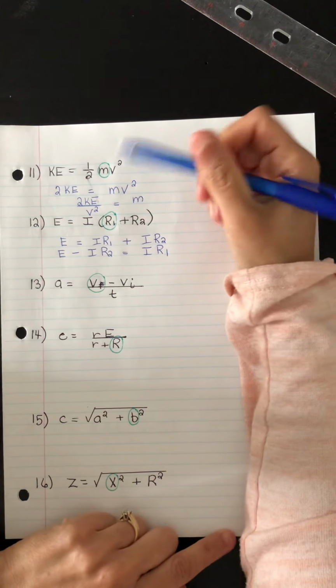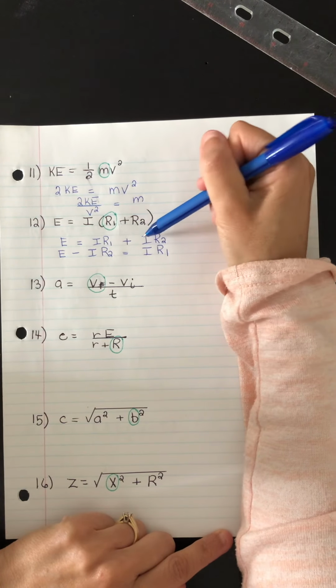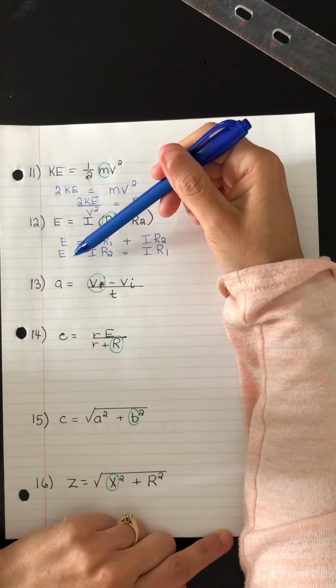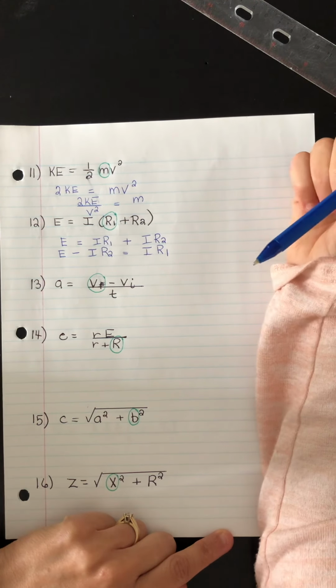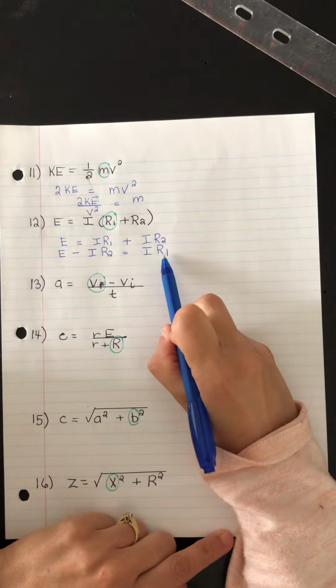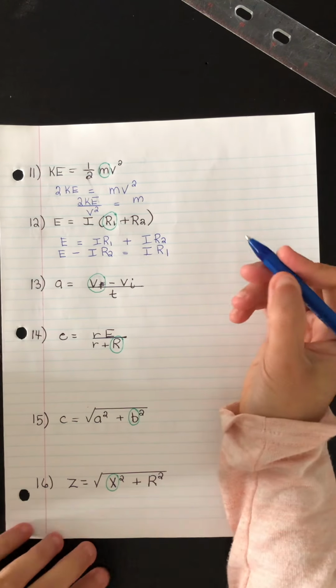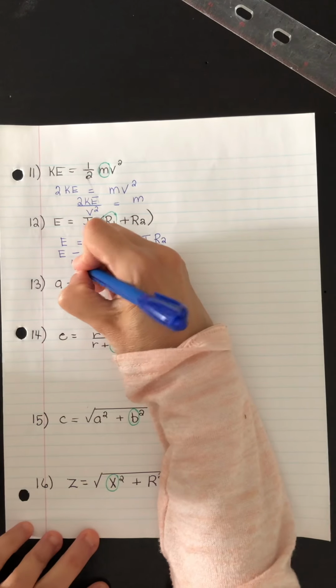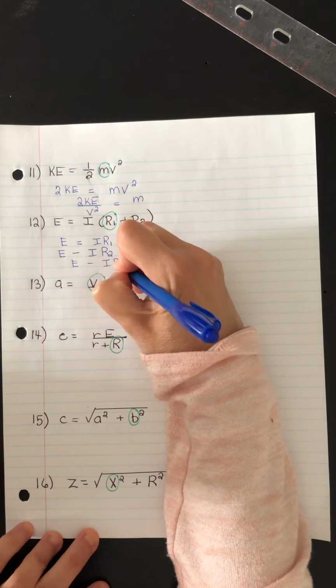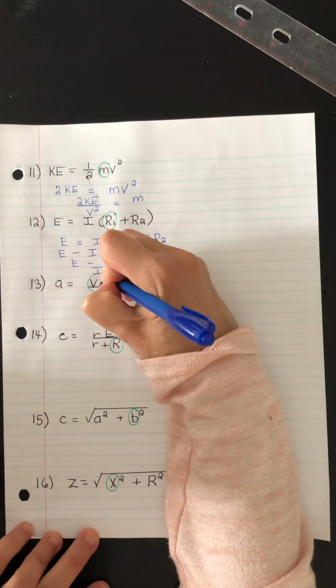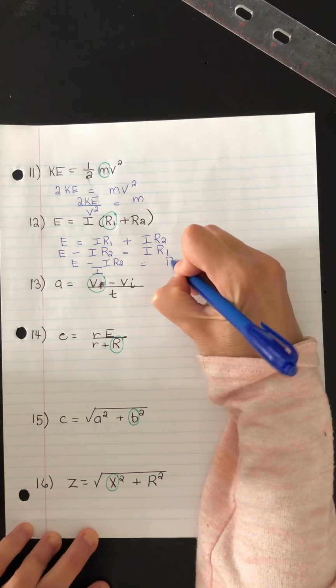Okay, so in this step, instead of adding this term, we have subtraction of that term. Lastly, if you want R1 by itself, divide by I. And your final answer will look like this, with I underneath that difference.